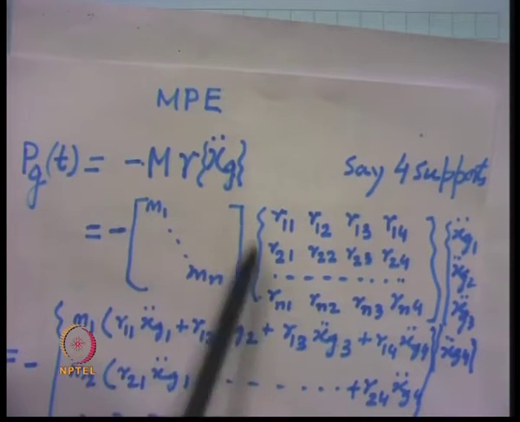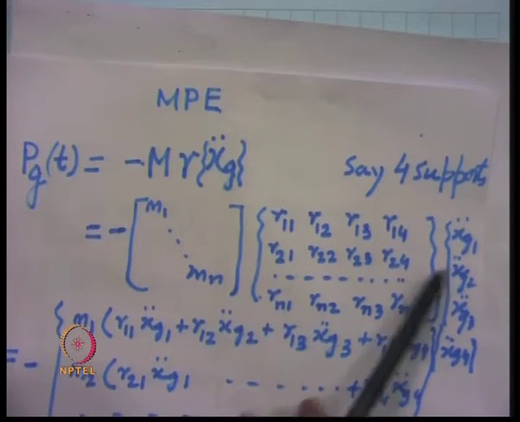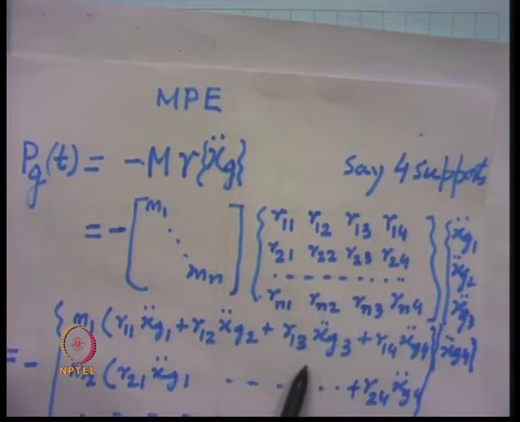Once we multiply this vector with this matrix, and then multiply with the mass matrix, we find a vector of size n, and each element of the vector will have terms like this, that is M1 multiplied by R11 x double dot G1 plus R12 into x double dot G2, R13 into x double dot G3, and so on. So, that is the first element. Similarly, one can obtain the second element, third element, and so on. These quantities R11, M1, they are all known.